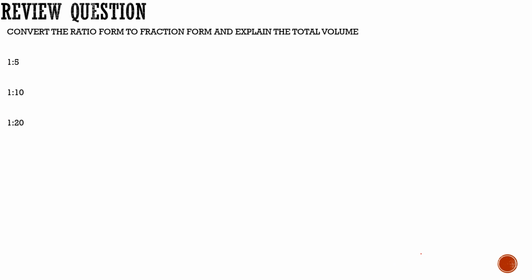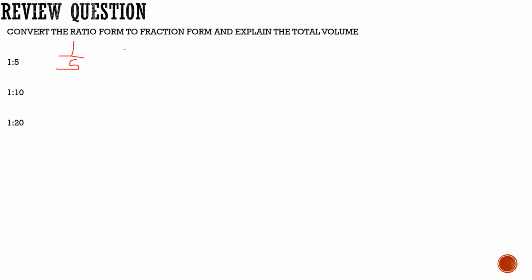Here. Convert the ratio form to fraction form and explain the total volume. Okay, let's see. Who wants to volunteer? I'll give you time to answer. So here, when it is 1 is to 5, let's convert this to a fraction. 1 over 5.